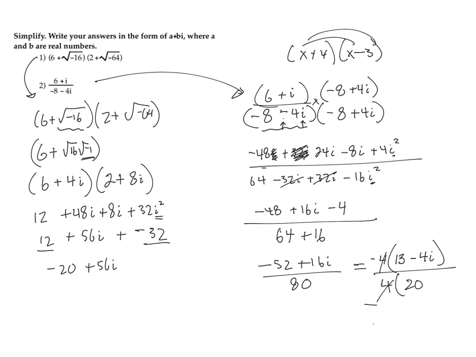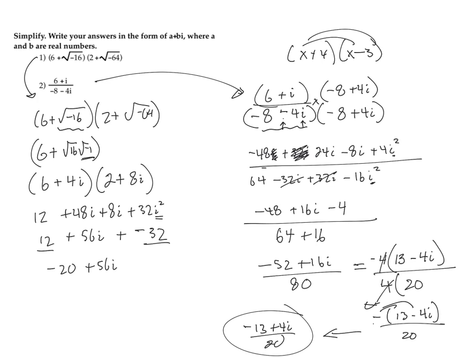So the 4's will cancel. So I'd be left with negative 13 minus 4i all over 20. Or, I'm running out of room. Maybe I shouldn't have factored the minus out. I'm just going to multiply it back in. Minus 13 plus 4i all over 20. That's what I get for that one. Hopefully that helps.